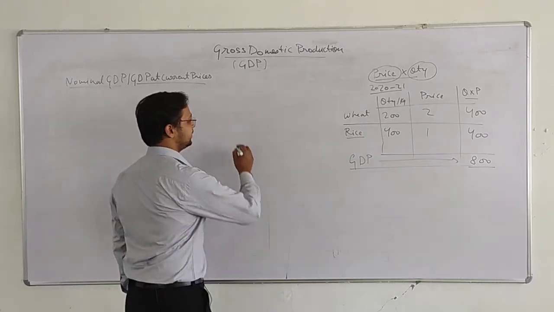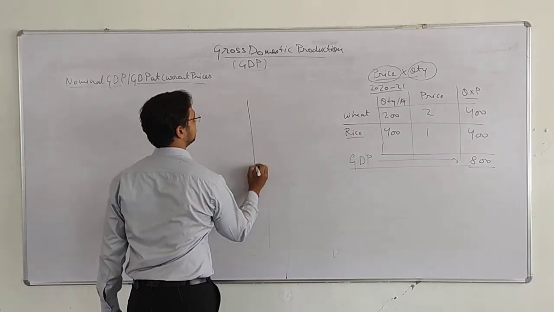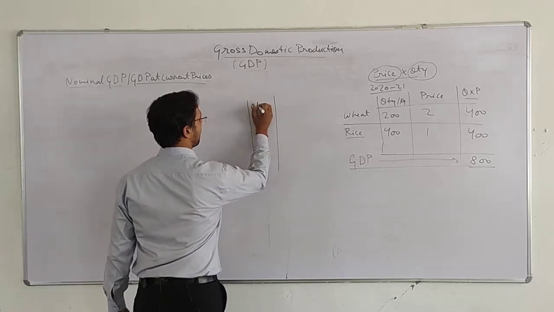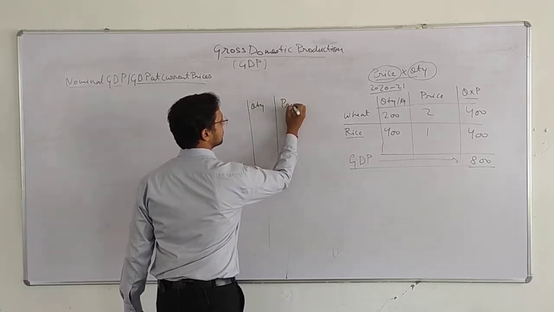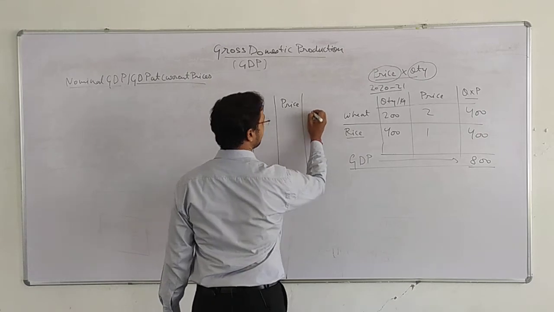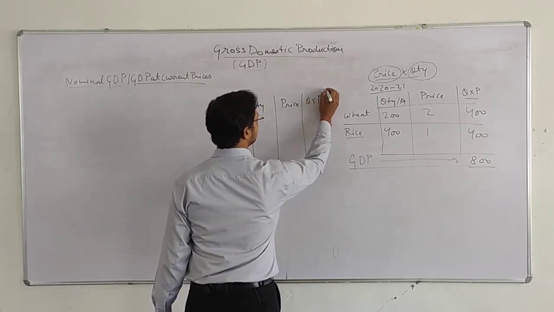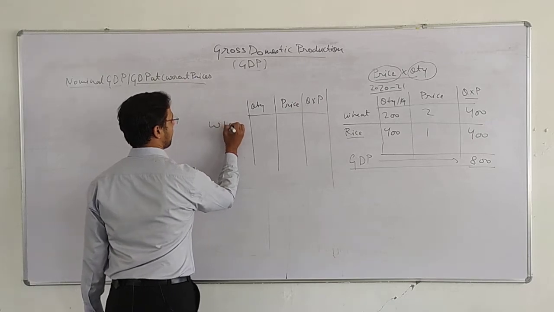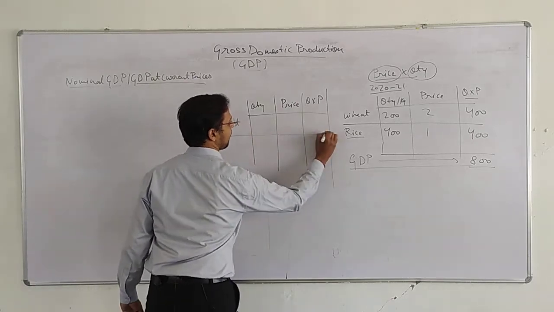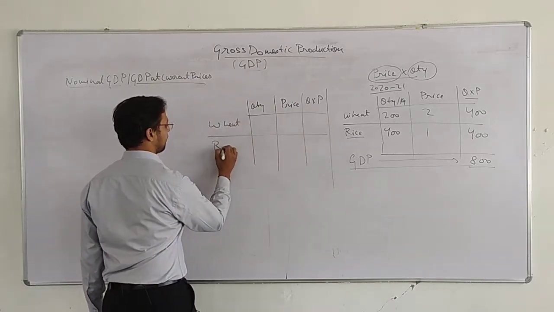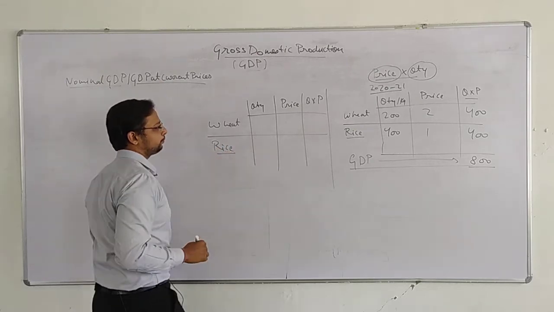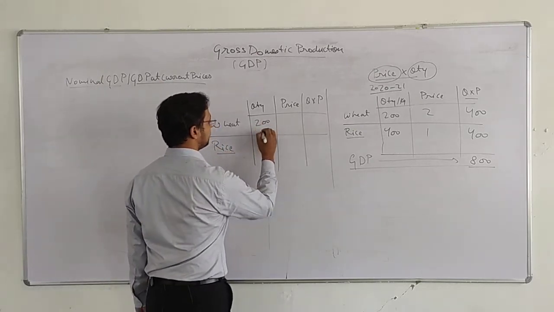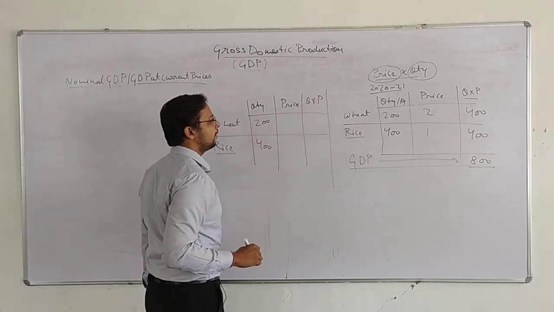Okay. Now see here it is quantity, price, quantity into price. Wheat and rice. The wheat quantity is the same, I said just now.